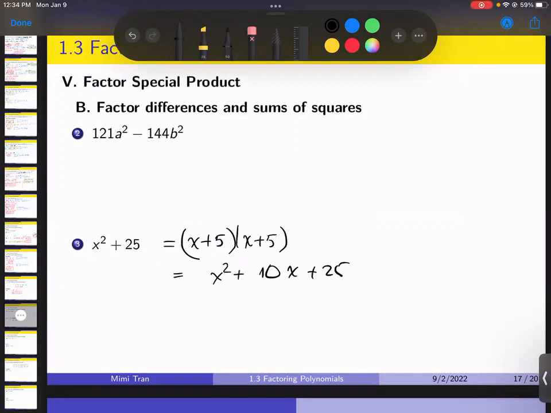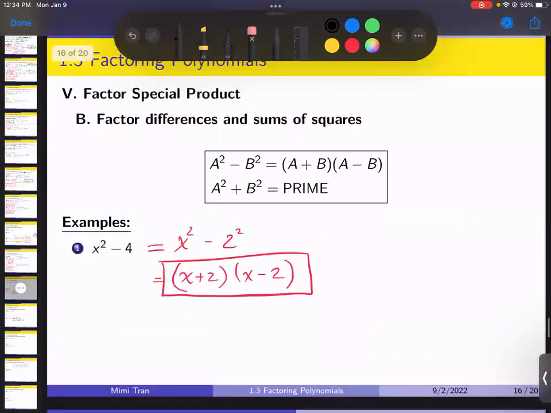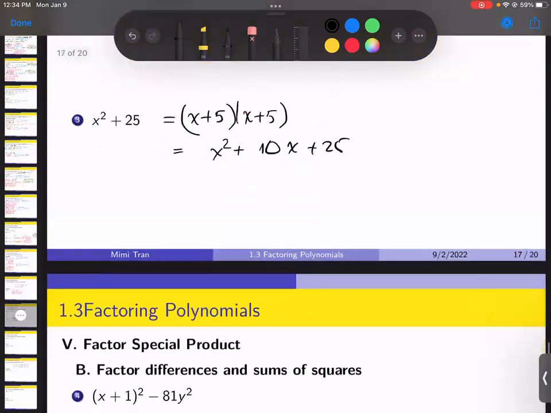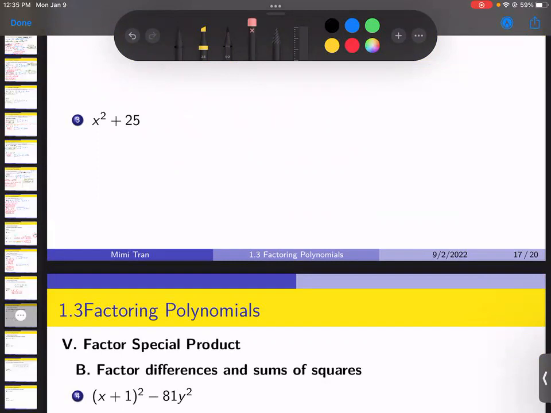There's a 10x there, right? So according to the rule, what is it? Yeah, we have x plus 5 quantity squared, but we don't have x squared plus 25. So nothing you can do. Just say prime. If you want to be careful, you can do it like this.